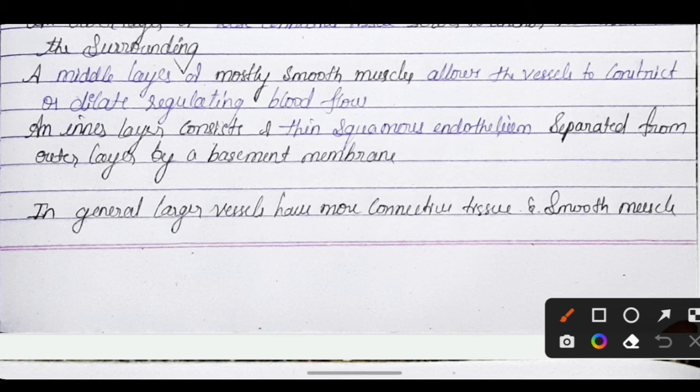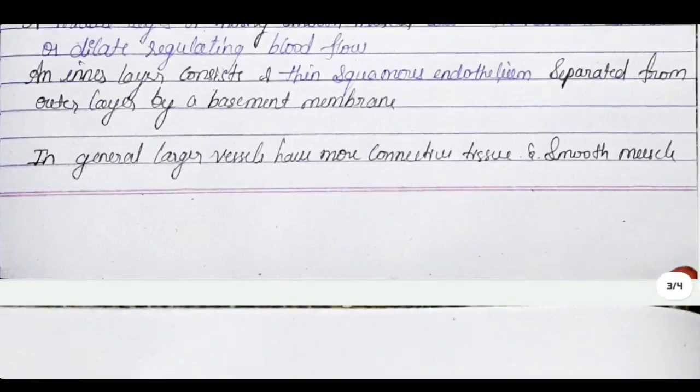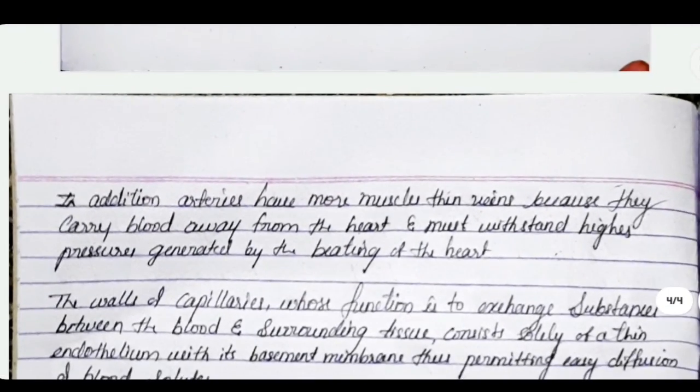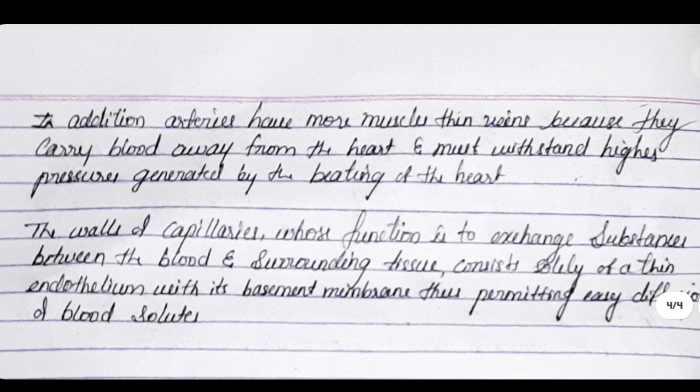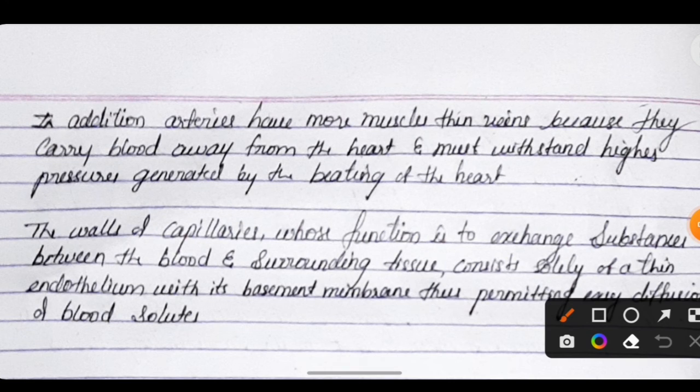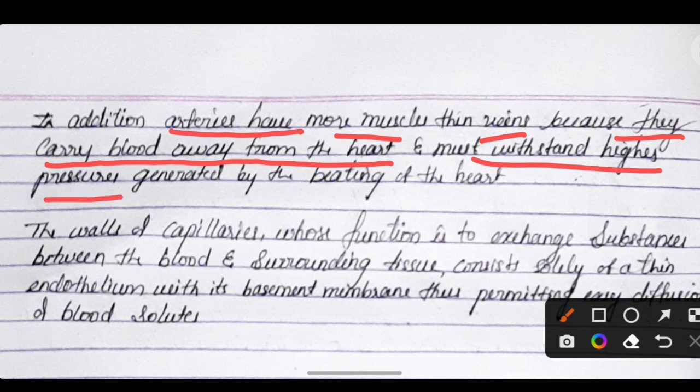In general, larger vessels have more connective tissue and smooth muscle. In addition, arteries have more muscle than veins because they carry blood away from the heart and must withstand higher pressures generated by the beating of the heart.